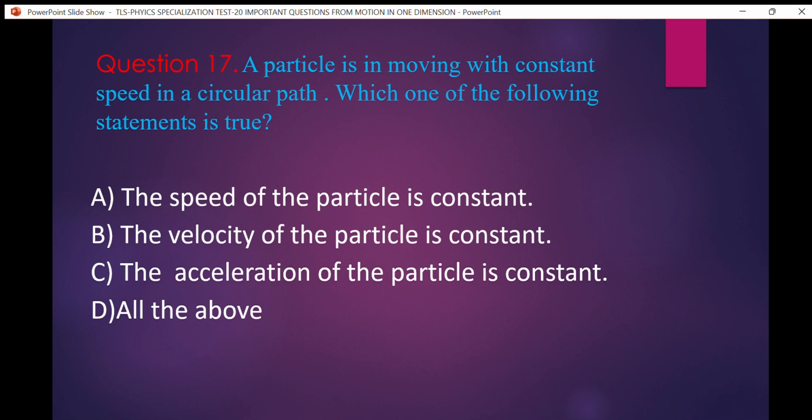Whenever a body moves through a circular path, there is always a change in velocity, and the direction of the acceleration is also changing. So you cannot say that acceleration always remains constant. Of course, the option all the above is not correct. So when the particle is moving with a constant speed in a circular path, the speed of the particle is constant.